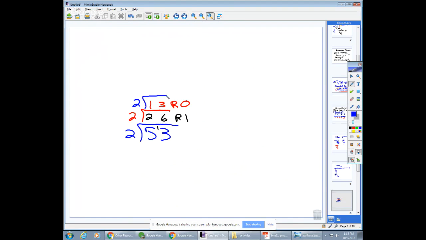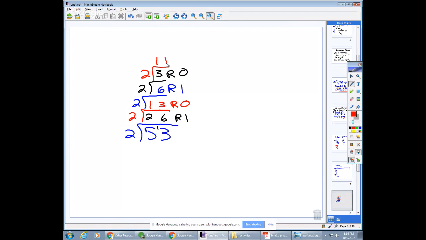2 goes into 13. Let's see, how many times? 6 times. Remainder 1. Do it again. 2 goes into 6. 3 times. Remainder 0. Keep going. 2 goes into 3.